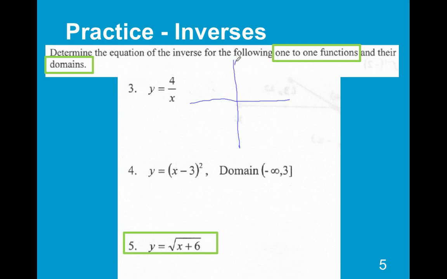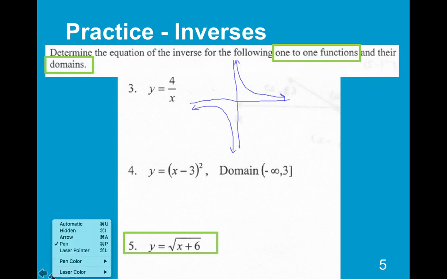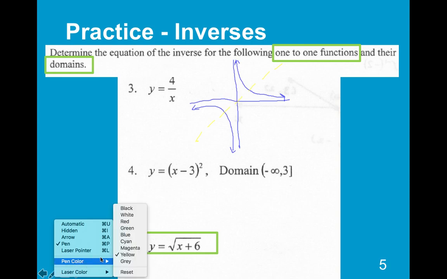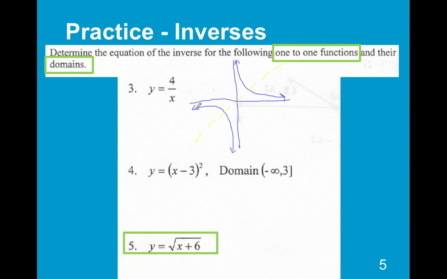But this is what it looks like. And look at the symmetry, right?